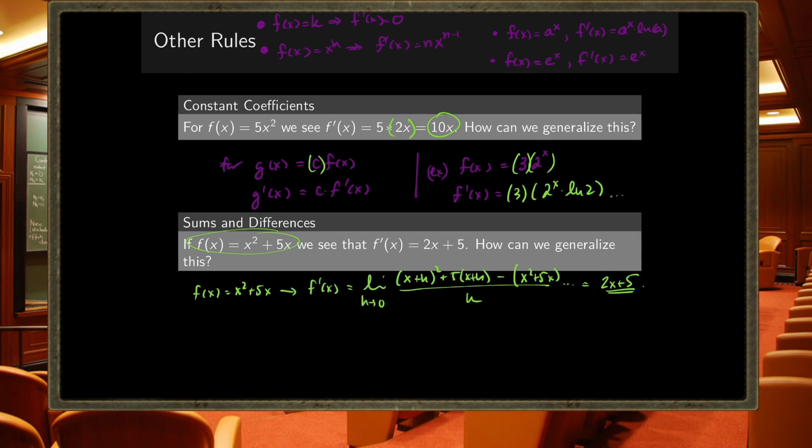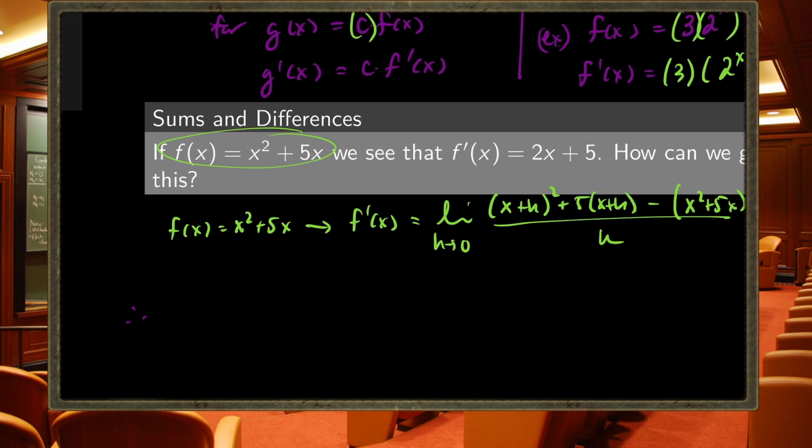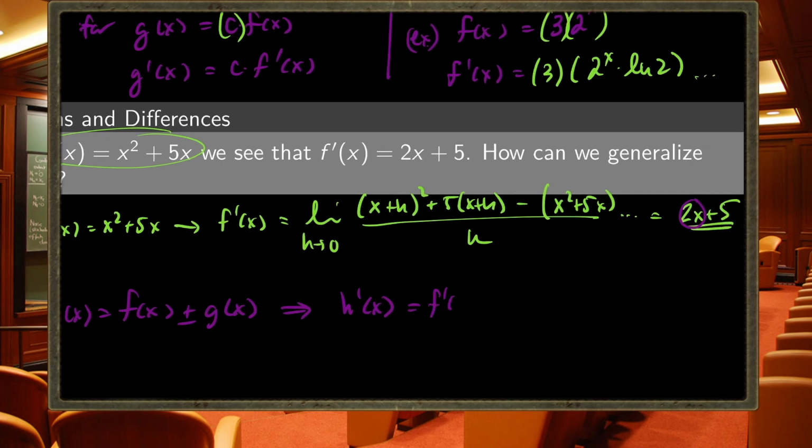However, you could look at this and see, hey, this 2x is the derivative of x squared, and this plus 5 is the derivative of 5x, and that this actually also scales up. This is generalizable, that you could have done difference quotients for each of them. And so we see that for h of x equals f plus or minus g of x, h prime is equal to the sum or difference of those derivatives.